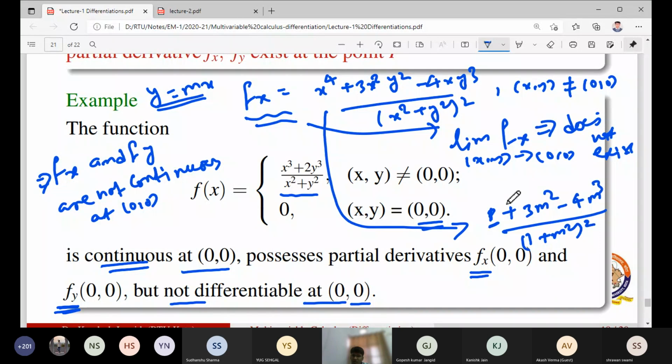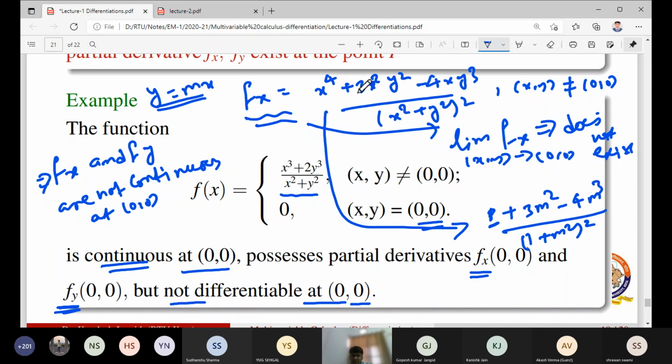Now it means your limit of the function depends on slope of the line y equals to mx. If m equals to 0, then limit will be 1. If m equals to 2, then limit will be different from previous one. So you can say that your limit of the given function fx depends on the path. And you know that if your limit of the function depends on the path, then you can say that your limit of the function does not exist, because if limit of the function exists, it is path independent, right?